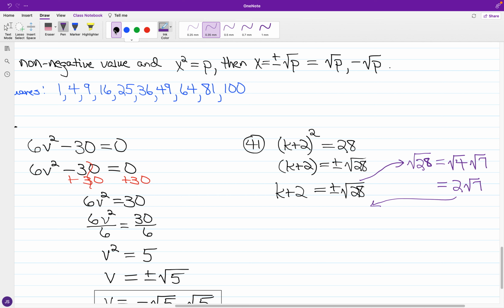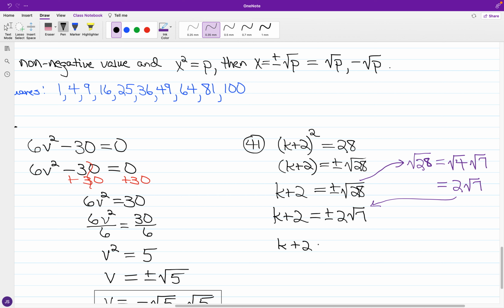So going back to the equation, we have that k plus 2 is going to be equal to plus or minus 2 times the square root of 7.